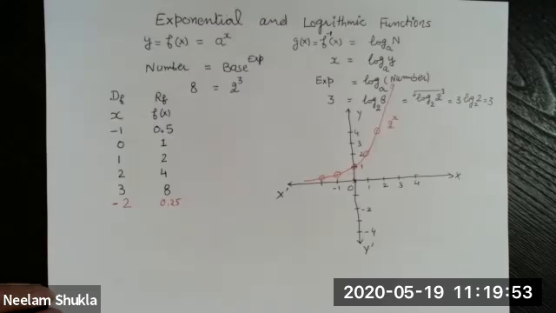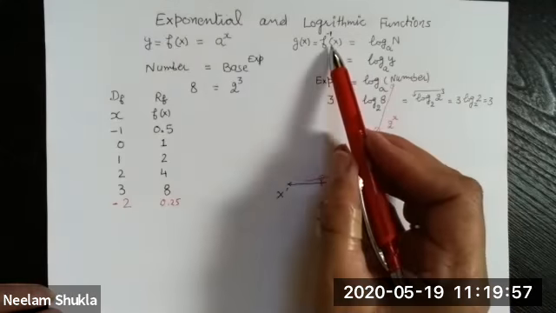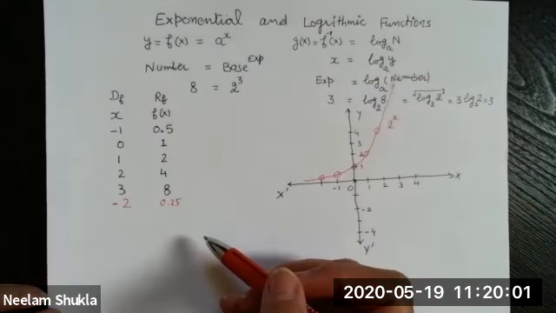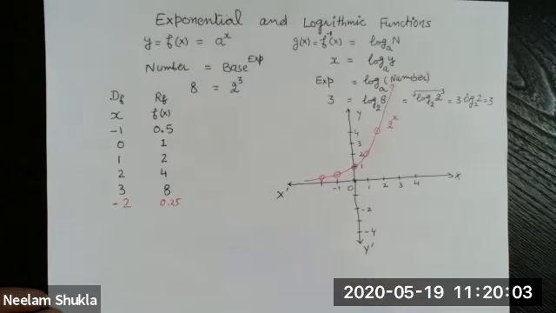And now, since I told you this is the inverse function, which is log, let's verify. Because if two functions are inverse functions of each other, their graph should be mirror images through the line which is making a 45-degree angle with x-axis, and their domain and range flip.